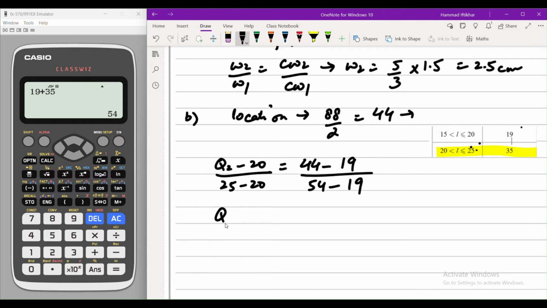So now Q2 will be 44 minus 19, that is 25, over 54 minus 19, that's 35, times by 5. So 25 times by 5 divided by 35, plus 20, is 23.57.